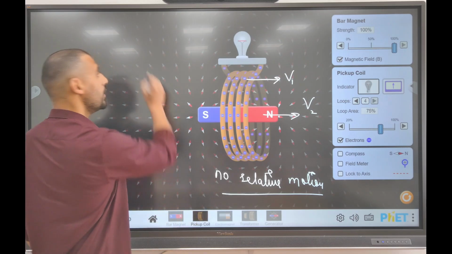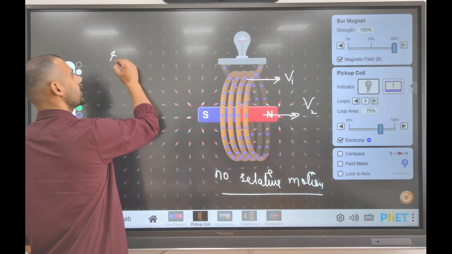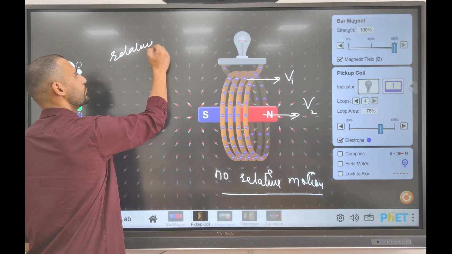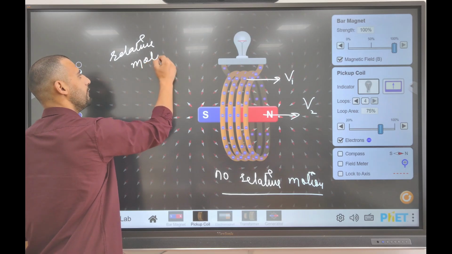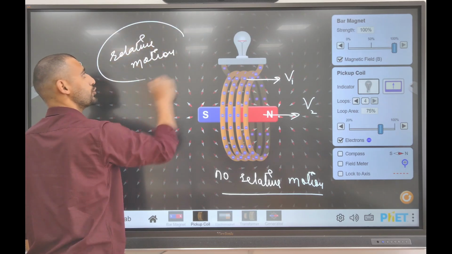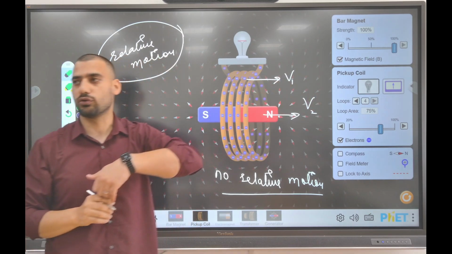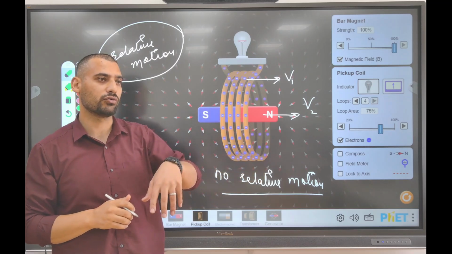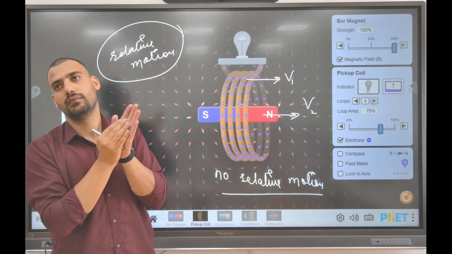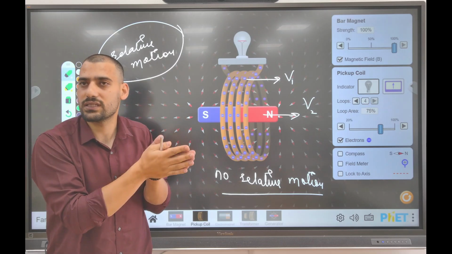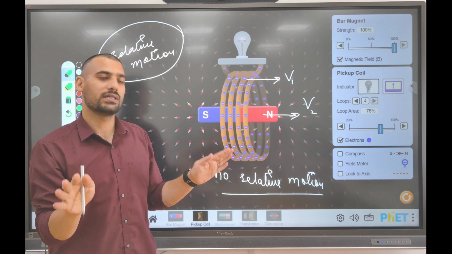So remember, what is important now? It is the relative motion. Whenever there is relative motion, not just motion, but relative. Relative means one is going away, other is coming closer. If both of them are moving with the same velocities, there is no relative motion. Is that fine?